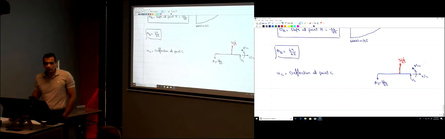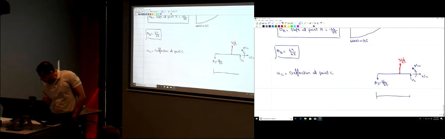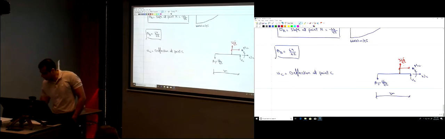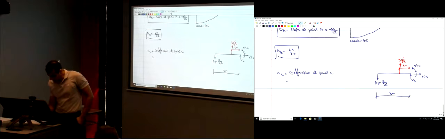Okay, so we would like to find MC. Why do we want to find MC? MC, the moment at point C on the conjugate beam, is the real deflection. Okay, so let's take moment here. How much is this distance? 3 meters. How much is this distance? 1 meter. So UC is negative 66 divided by EI times its distance. Why negative?